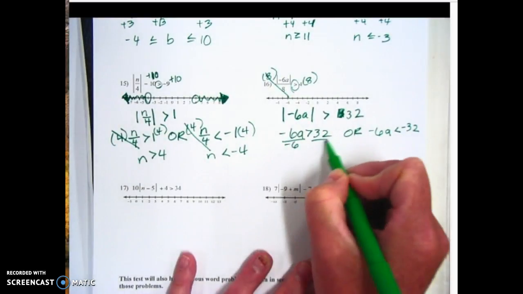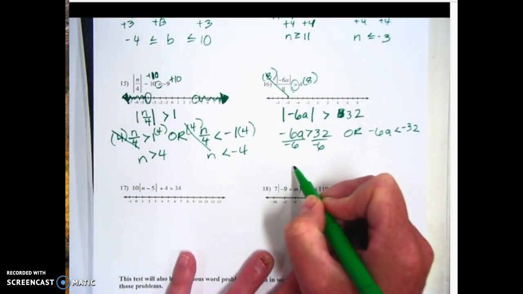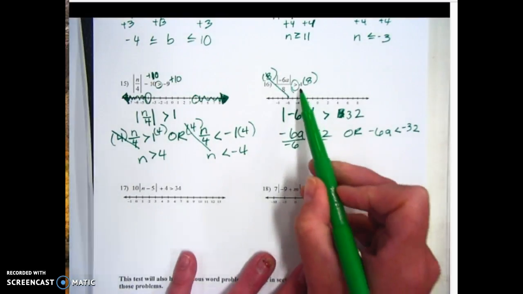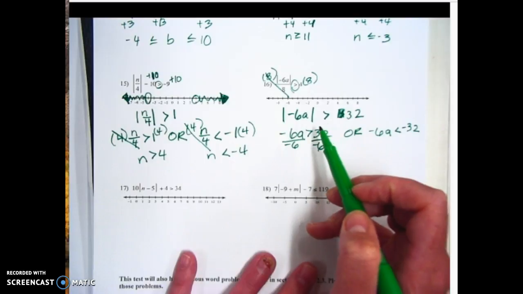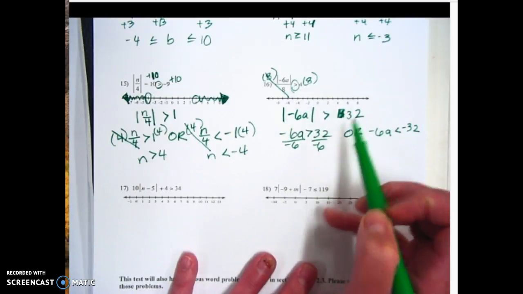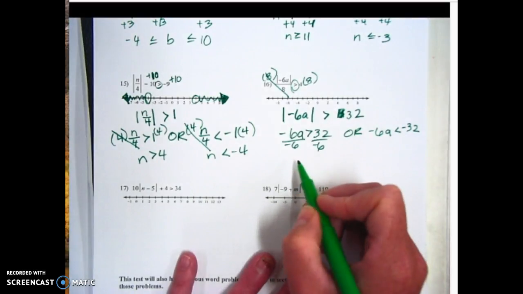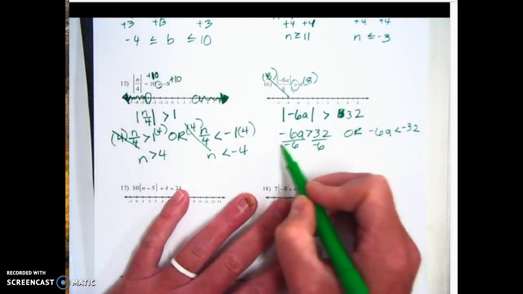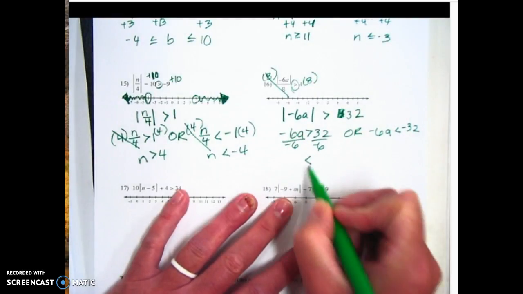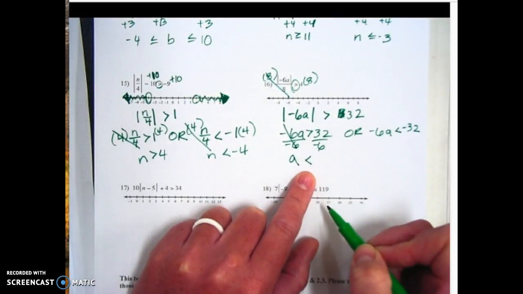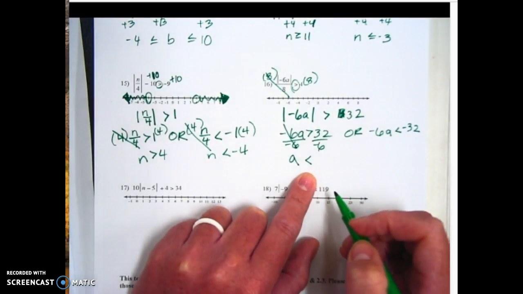Divide both sides by -6. Did I multiply wrong? 4 times 8? 32. Okay. So when we divide by a negative number, that reverses our inequality. We get a, and then -6 goes into 32.